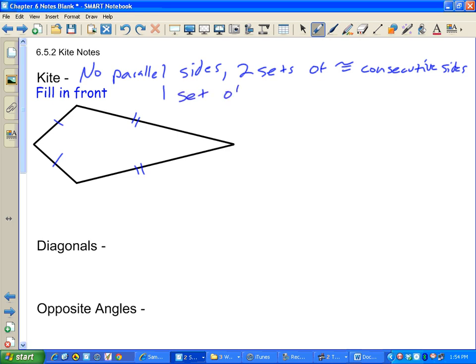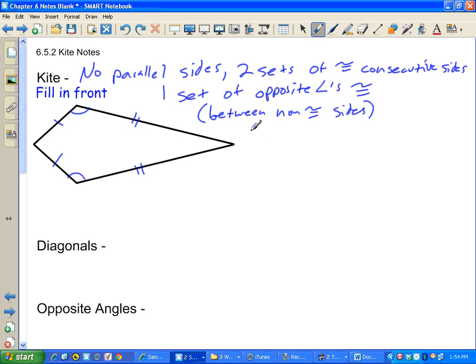one set of opposite angles that are congruent. And that set is going to be the set that's in between the non-congruent sides. So this angle would be congruent to this one. So they're between non-congruent sides.